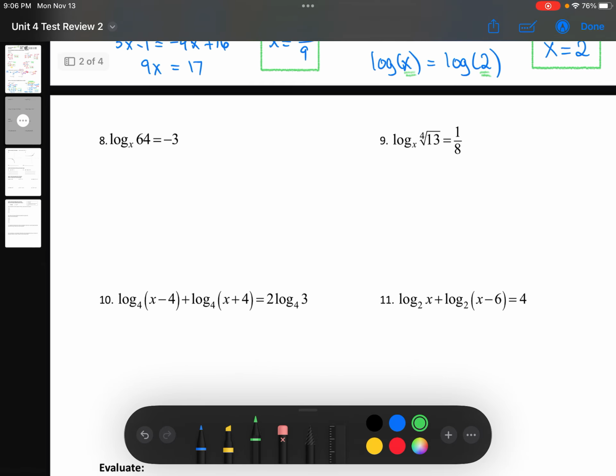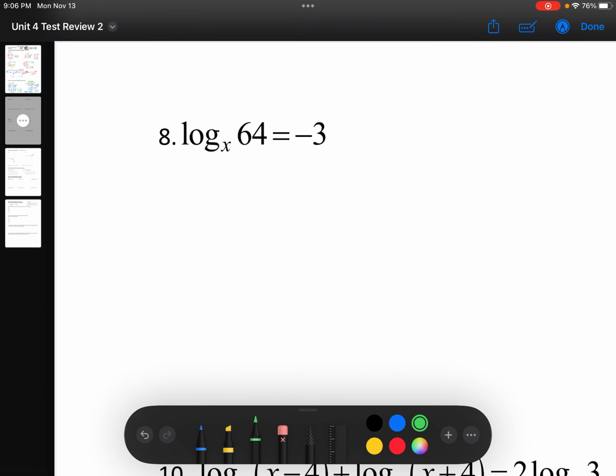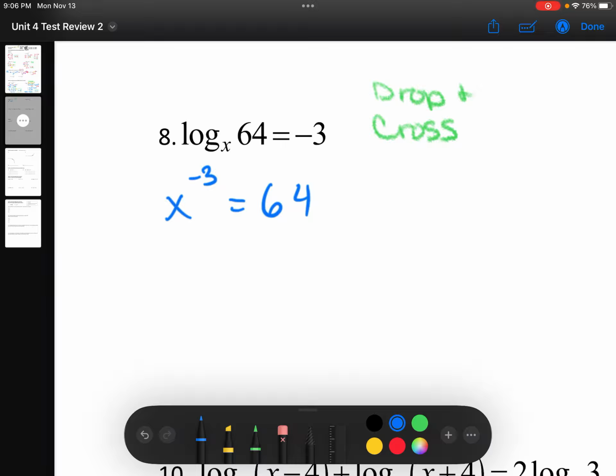And let's keep going. Let's look at 8. With the variable in the base, we want to drop and cross. So that will be x to the -3 equaling 64. A negative power flips, so that's 1 over x to the 3rd equaling 64.